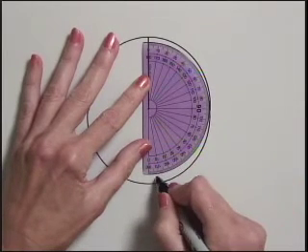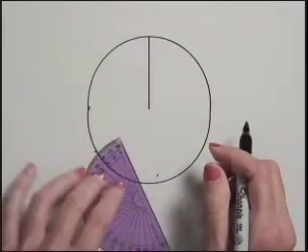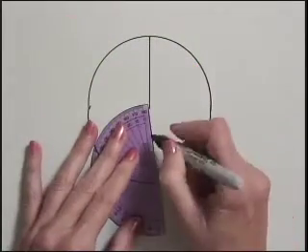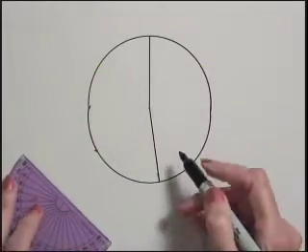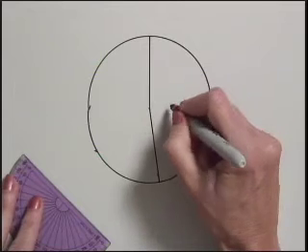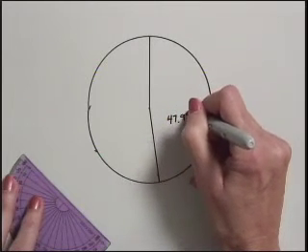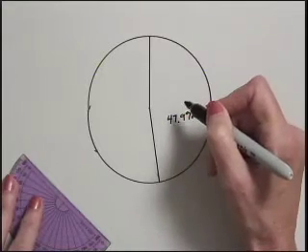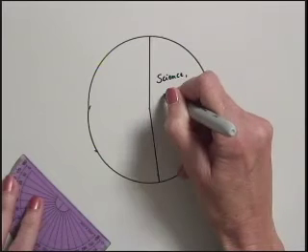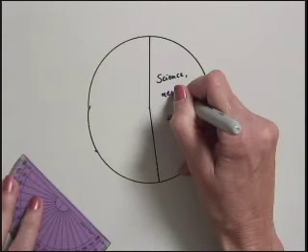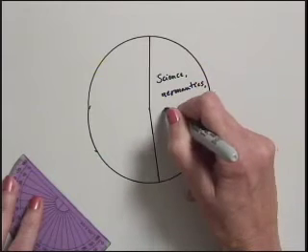And 172 degrees is right here. Make a little mark. And I'm going to connect from the center outward. And this sector of the circle is going to represent the 47.9% of the budget that ends up being for science, aeronautics, and exploration.